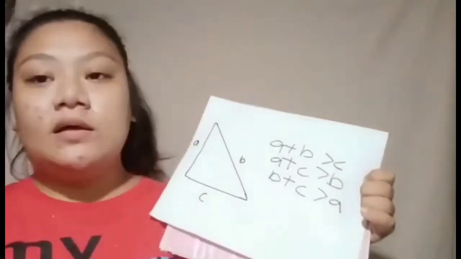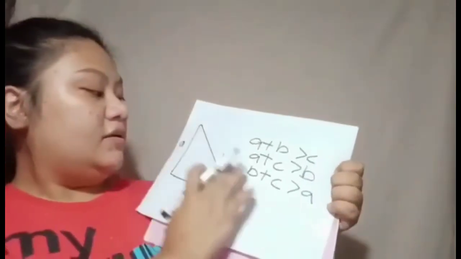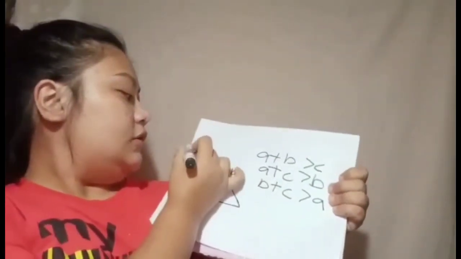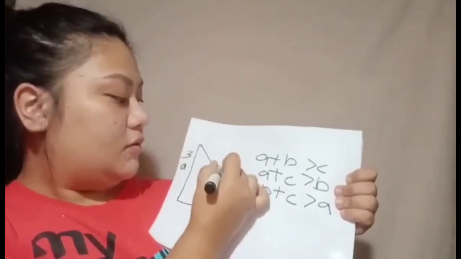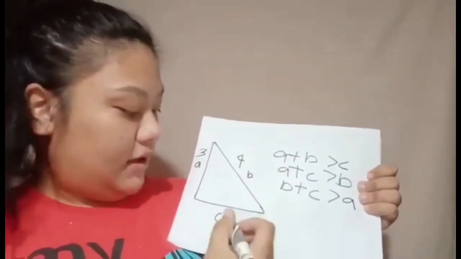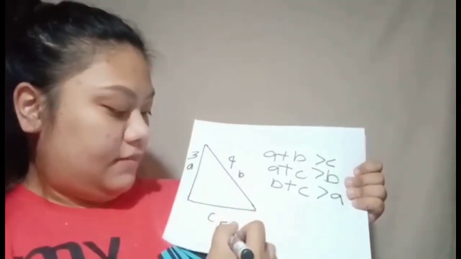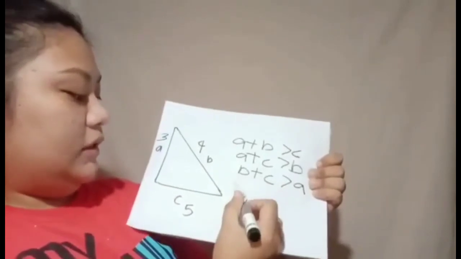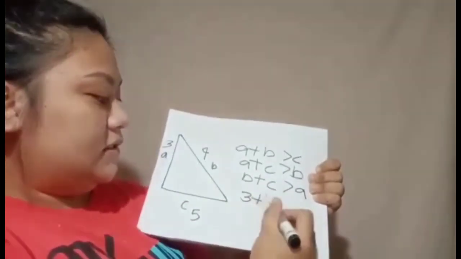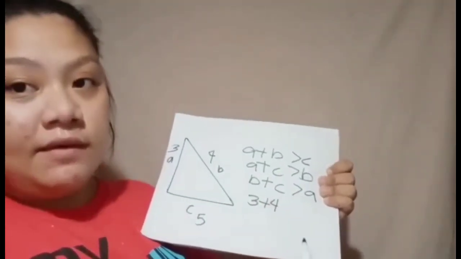Sabihin na natin na ang unit ng A is 3, ang B ay 4, at ang C ay 5. 3 plus 4 is 7, di ba?